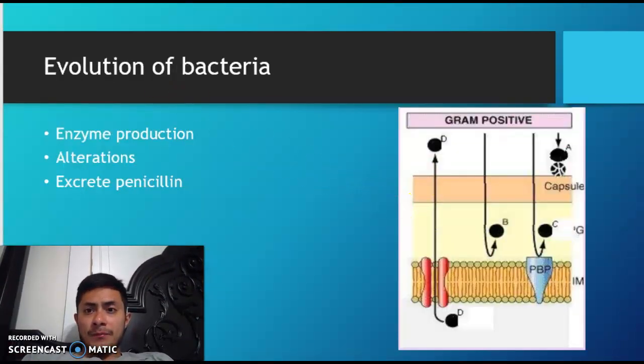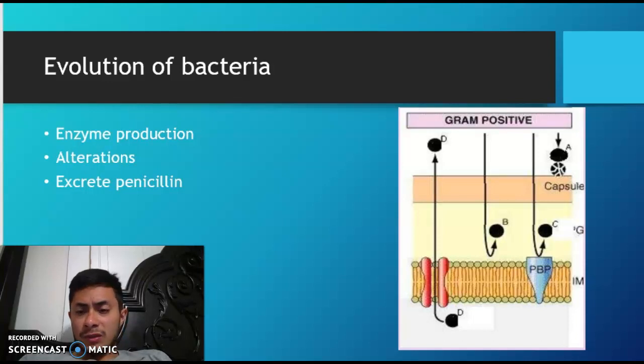Next, we have the evolution of bacteria and how it has evolved to become resistant to penicillin. There are basically three ways it can evolve to become resistant. One is producing specific enzymes which can degrade the penicillin, eventually destroying it and having no effect on the bacteria.